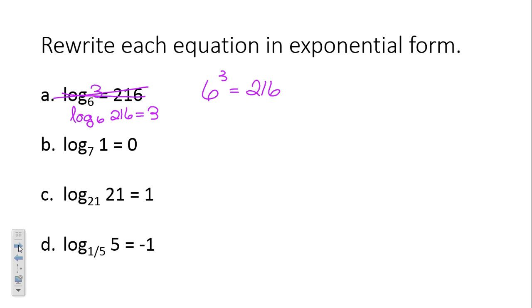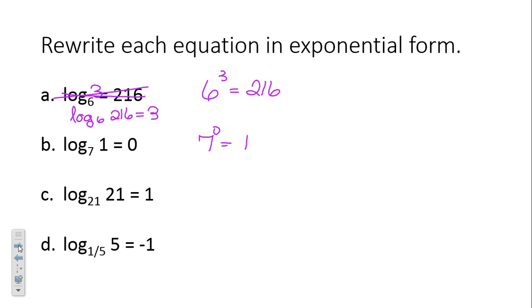Okay, the next one actually works. All right, so what should that one say? 7 to the 0 equals 1, right? Because we're saying the base 7 to what power gets me this number? Anything to the 0 power is going to get us 1, isn't it? Okay.